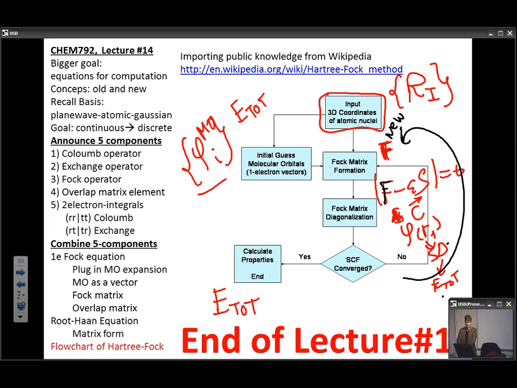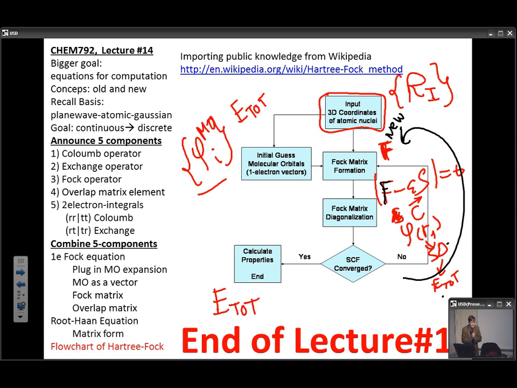This procedure cannot be solved analytically. This is specifically a numeric way to solve equations, and the answer is getting improved through each iteration.